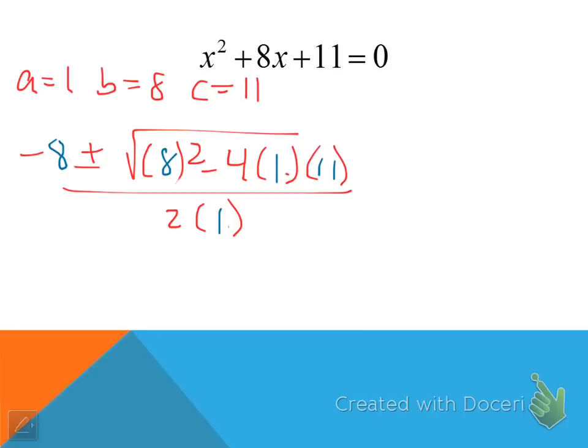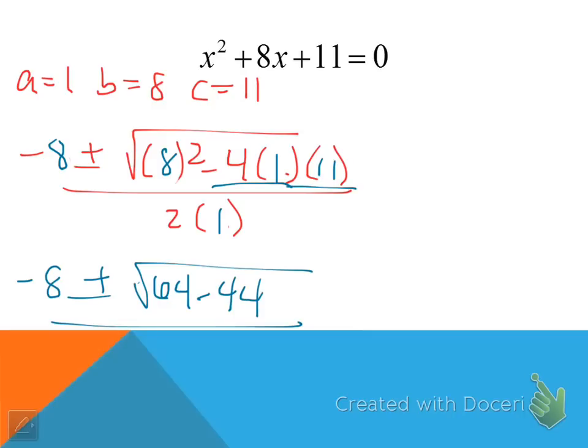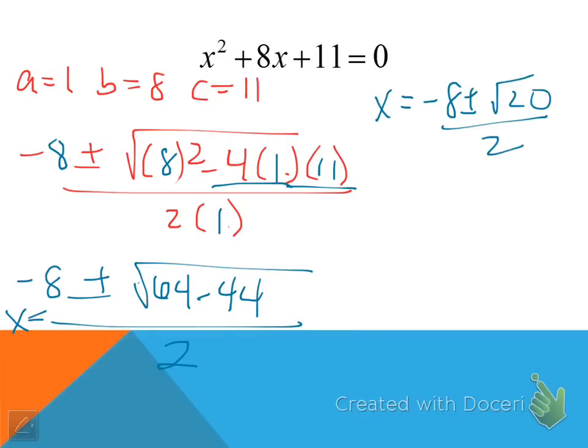Okay, so we have negative 8 plus or minus the square root of 8 squared, which is 64, minus 4 times 1 is 4, times 11 is 44, and then 2 times 1 is just 2. So we have x equals negative 8 plus or minus the square root of 64 minus 44, which is 20, over 2.